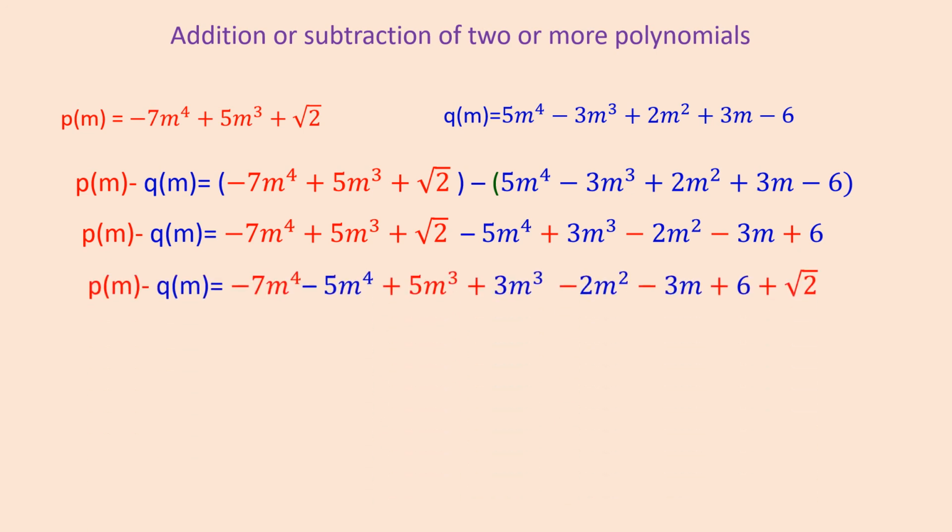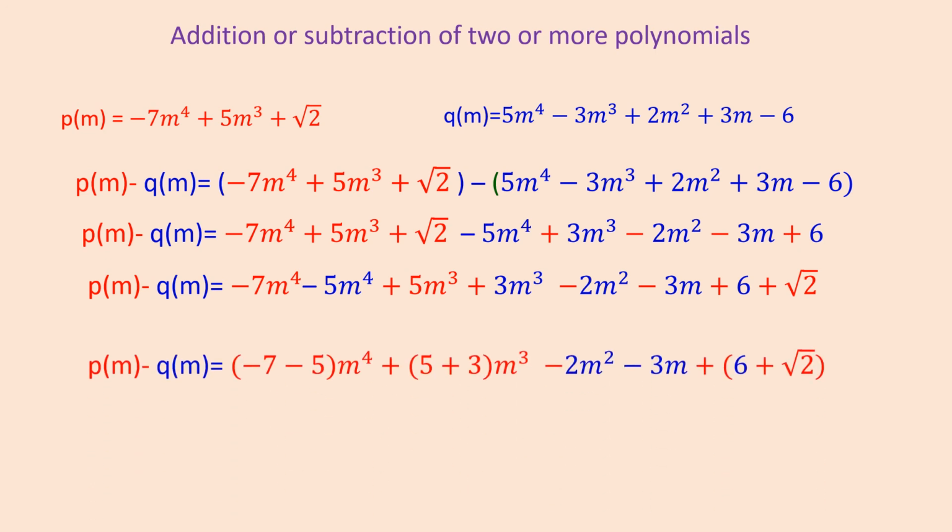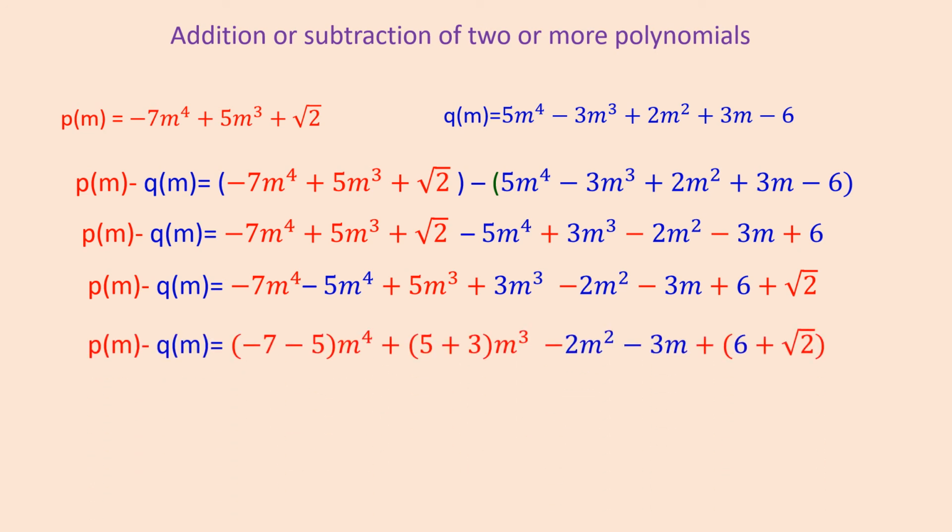Now the like terms will be put together. So minus 7m raised to 4 minus 5m raised to 4, plus 5m cube plus 3m cube, then minus 2m square minus 3m plus 6 plus root 2. Further I simplify by taking common, as we have seen in like terms. So we will get minus 7 and minus 5 inside the bracket, and outside I will take common m raised to 4.